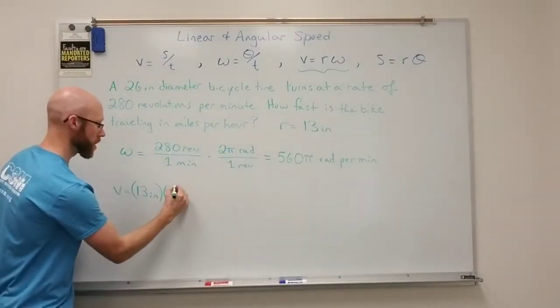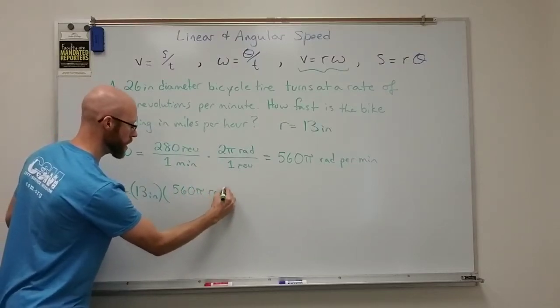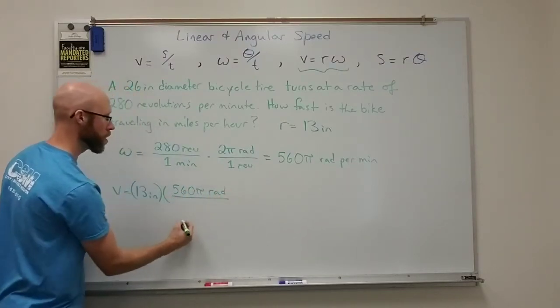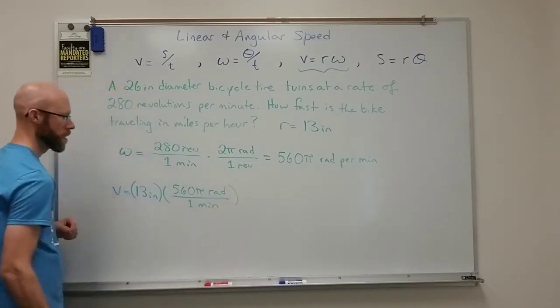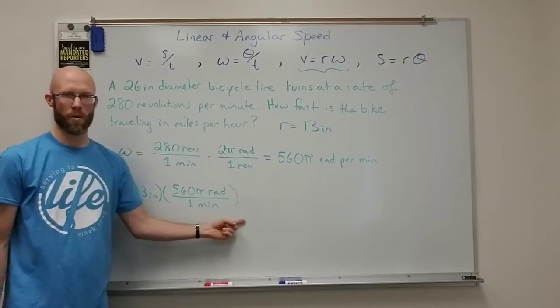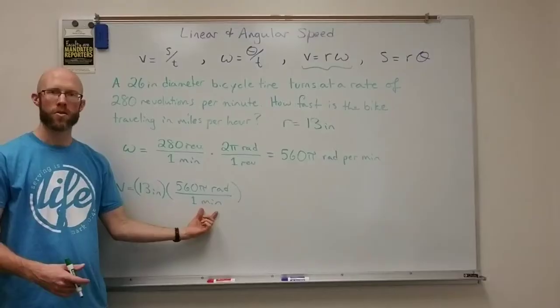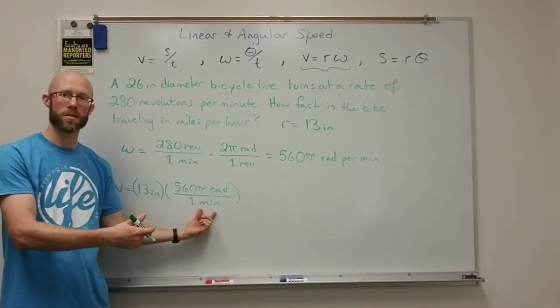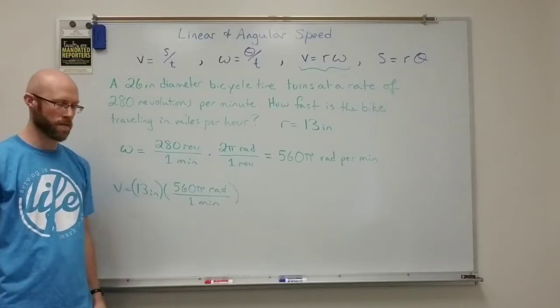So I'm really looking at 560 pi radians per 1 minute. Now ultimately I want to convert this into miles per hour. So my inches and minutes need to eventually convert to miles and hours respectively.